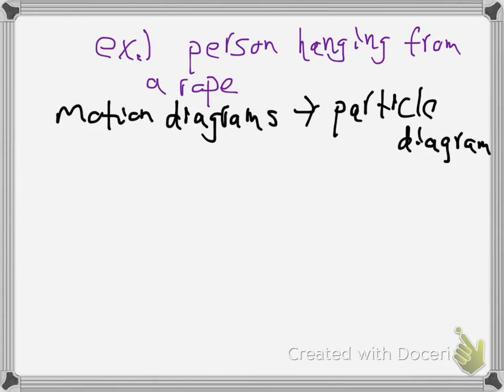And so instead of taking the time to draw a person hanging from a rope, and you'll see this in the beginning of your book, in those first 4 sections, they will draw sketches and then draw the force. We're basically just going to simplify it a little bit more and do what's called a free body diagram.